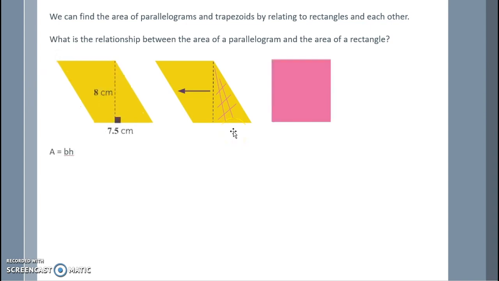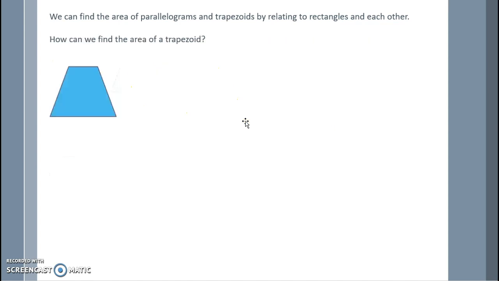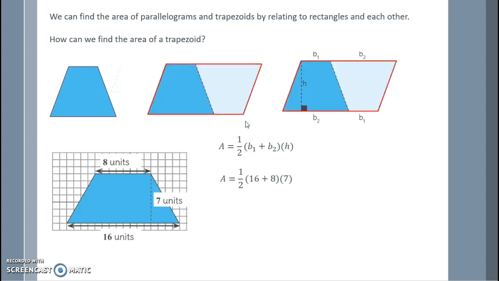I'm going to slide that piece over to the right-hand side, which will then create a rectangle. So the area of a parallelogram is base times height, just as a rectangle or square would be. So if our base is 7.5 and our height is 8, we have 60 square centimeters. How about a trapezoid?